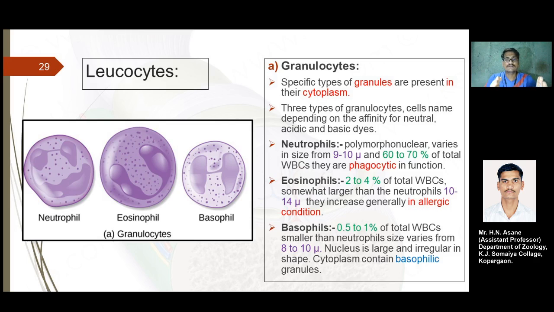If you see a headphone-type nucleus, then you should say that it is an eosinophil. Multinucleated cells connected by a thread are the neutrophils, and the one with an H-type nucleus, the larger among all these cells, is the basophil.